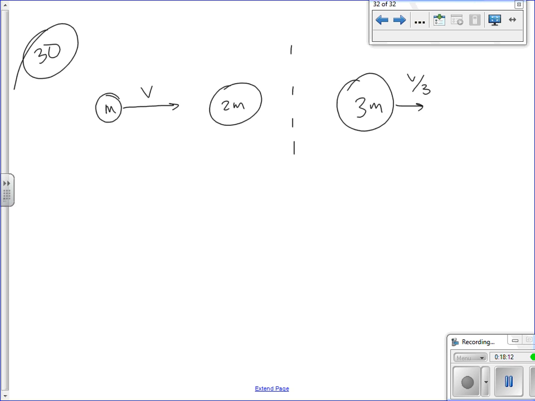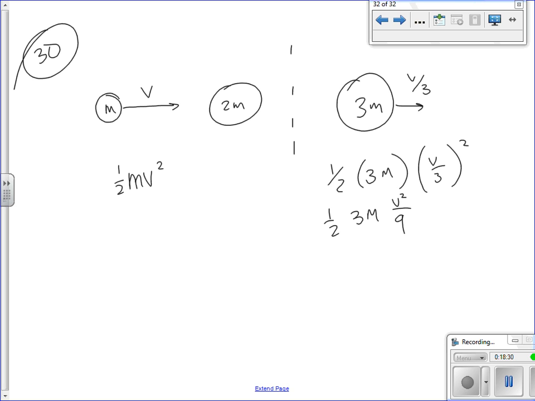What's the change in kinetic energy? Well, here, total kinetic energy is 1/2 mv squared. Here, total kinetic energy is 1/2 times 3m times (v over 3) squared, which is 1/2 times 3m v squared over 9, which is 1/6 mv squared.